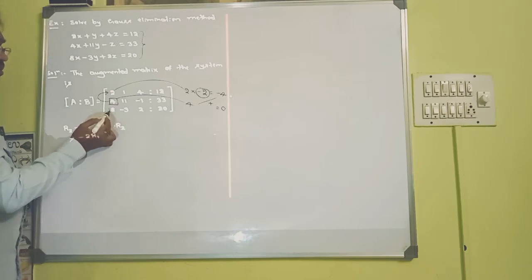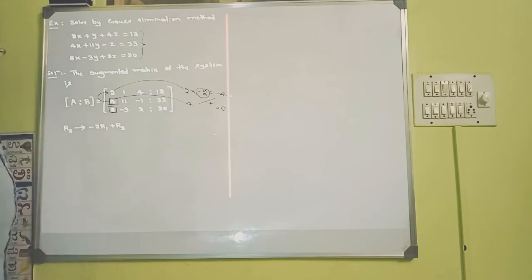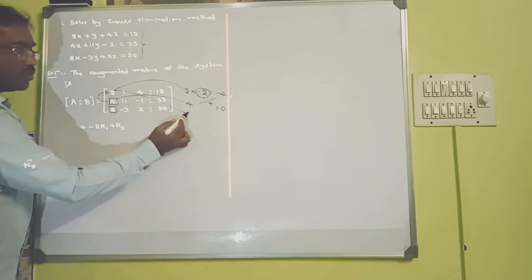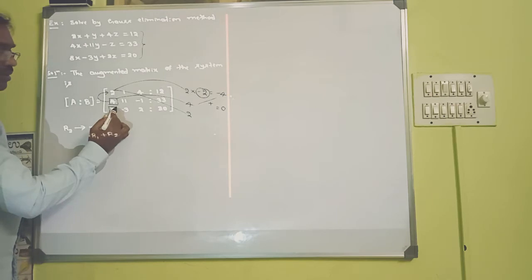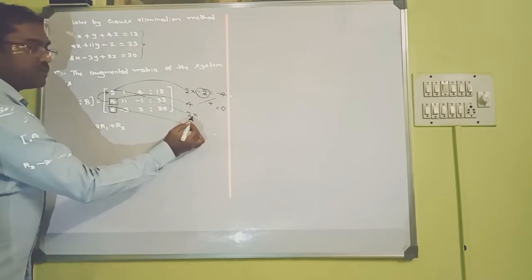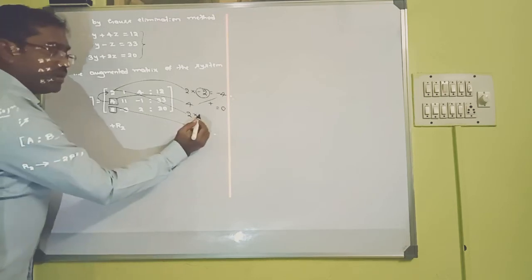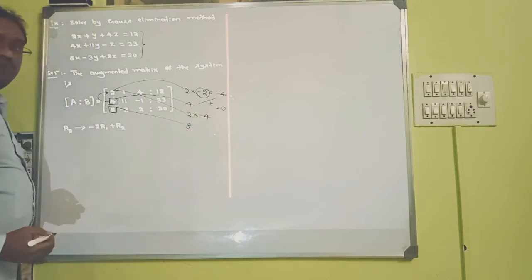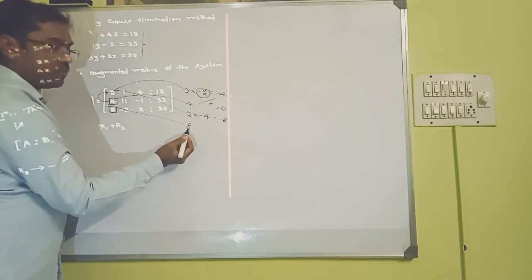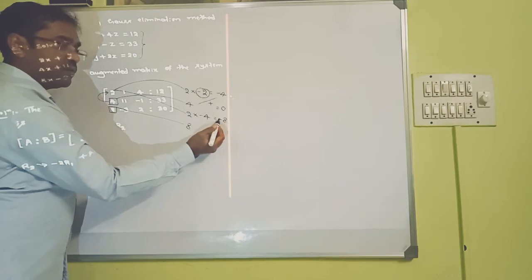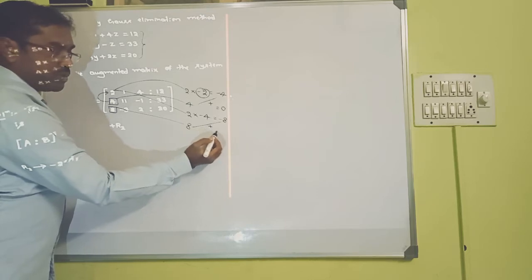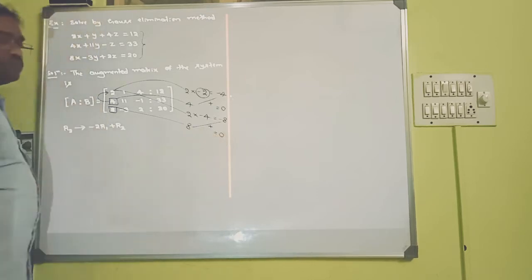Now let us write the next operation. What is the next operation to make this element 0? What we do? Take 2, take this 8. We need to multiply this 2 by minus 4 so that you get minus 8. Because here it is 8, our aim is to bring 8 with negative sign, so that if you add these two, you will get 0.